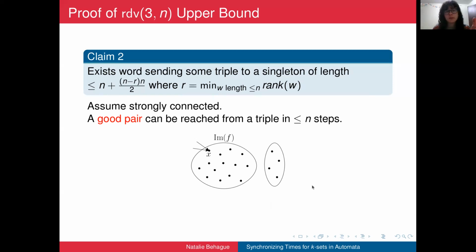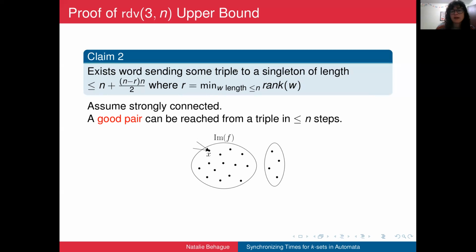If it sends a triple to a singleton, then I'm instantly done. So it sends at most a pair to a singleton, maybe several pairs to several singletons, but at least some pair to some singleton. So call that singleton X. This is my picture, the image of F. Everything in this blob is in the image of F. Everything in this other blob is not in the image of F. And in particular, we have some state X that two things got sent to under the application of F.